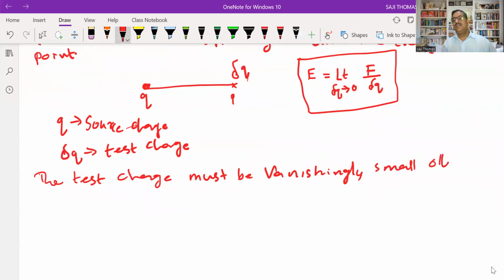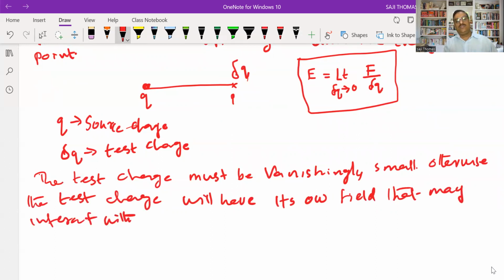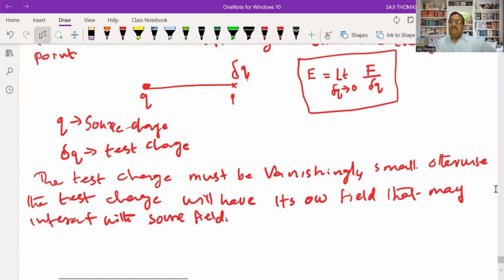What is the reason? Otherwise, the test charge will have its own field that may interact with the source field. So we will not get the exact field due to the source charge. We will get a combined field.